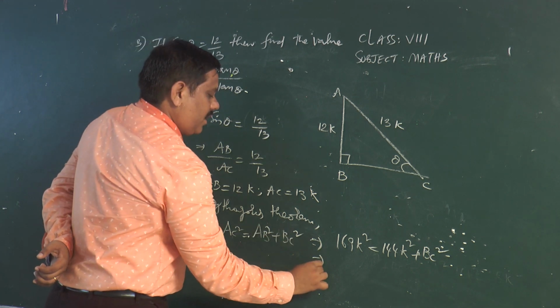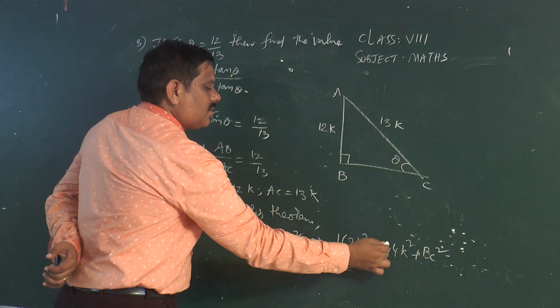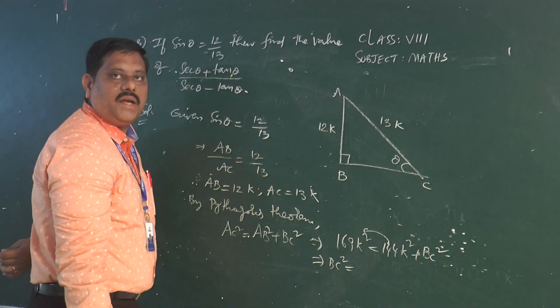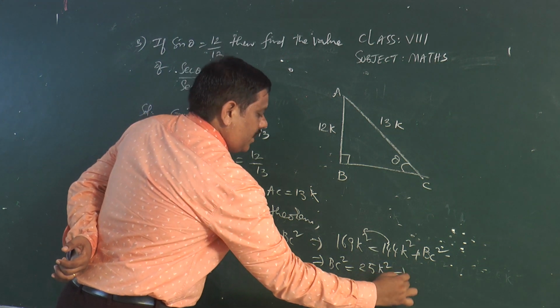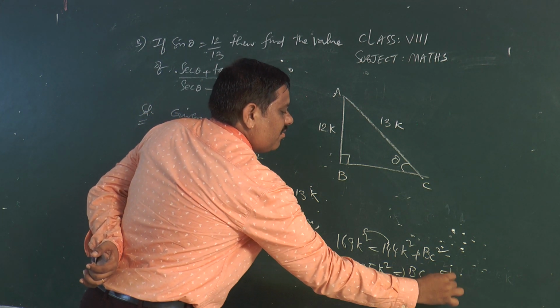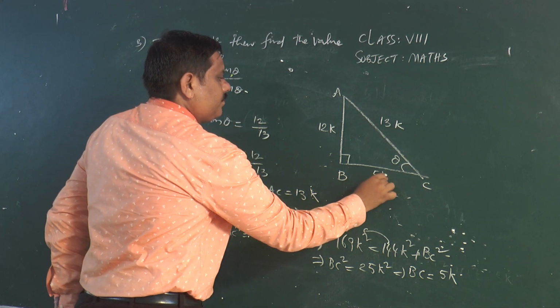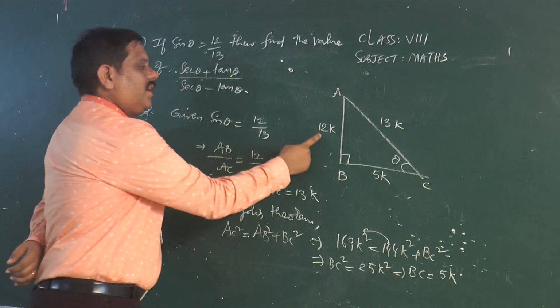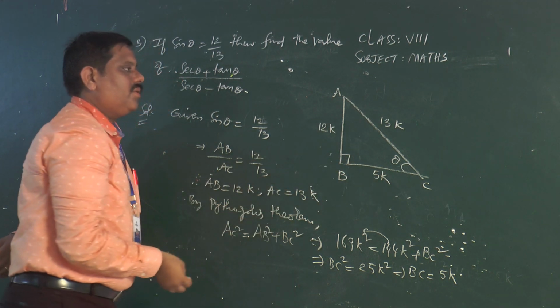If that is simplified, BC square is going to be 169 minus 144k square if we transpose it to this side. So that is going to be 25k square. It implies BC is going to be 5k. So the BC value we have as 5k. Now we have all three sides, AB, BC and the hypotenuse.